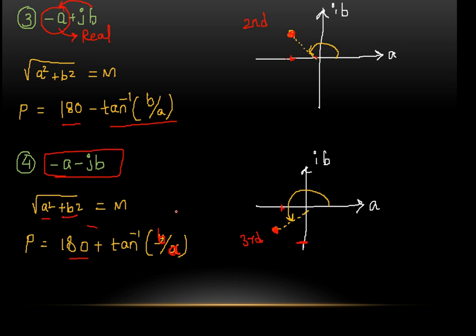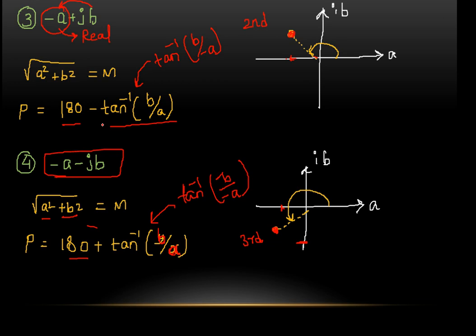Or directly, it will be tan inverse of minus b by minus a, which is also written as 180 plus tan inverse of b by a. And for the phase tan inverse of b by minus a, it is also written as 180 minus tan inverse of b by a.